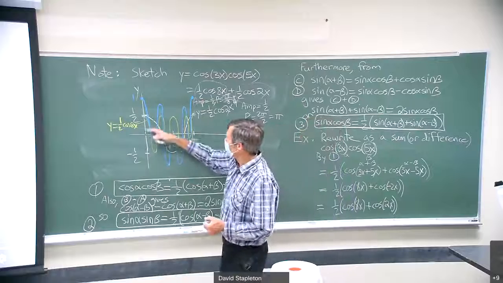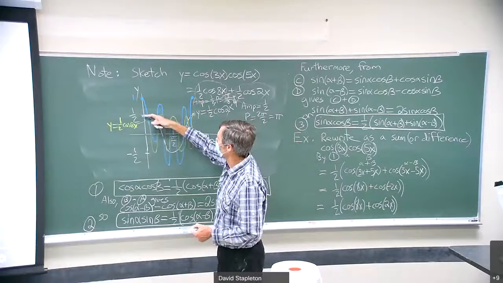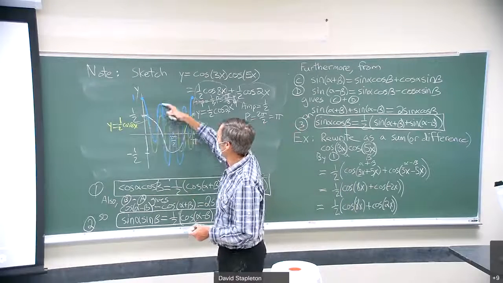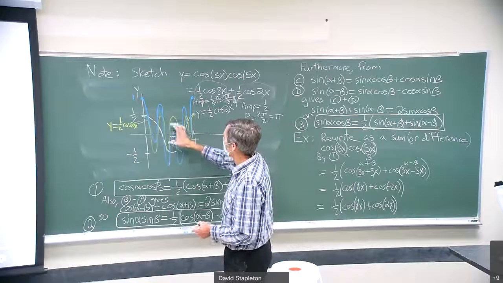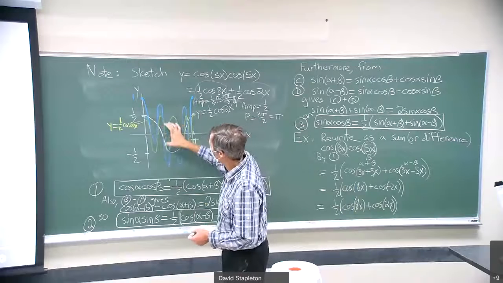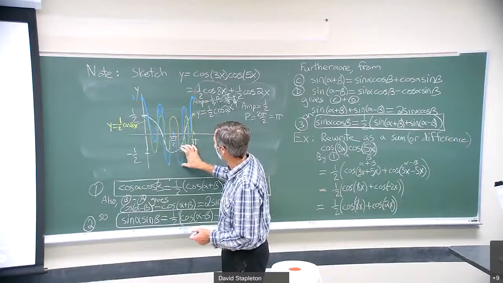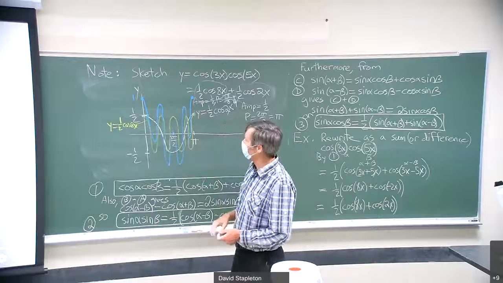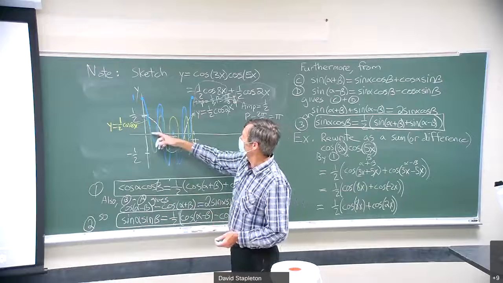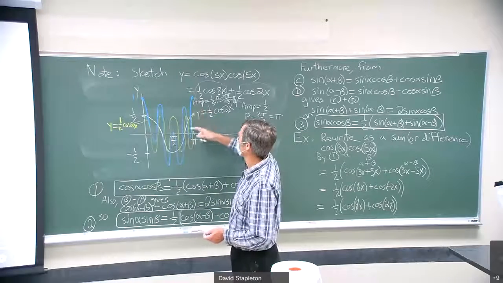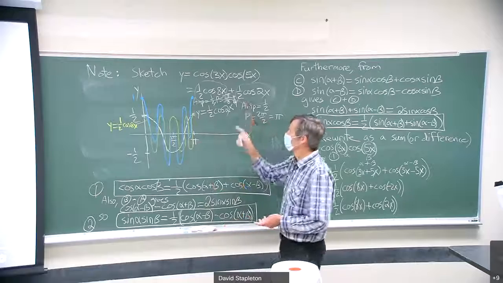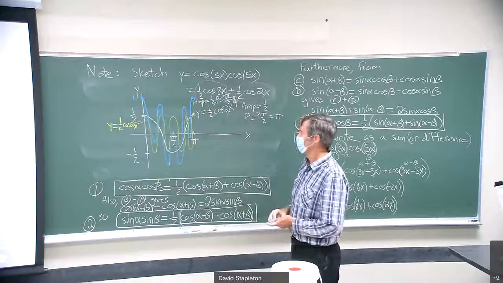What it does is this green one is added to the white one, and so you have a curve that wiggles back and forth over the white one, going up and down 1/2 a unit above and 1/2 a unit below the white one. And so you have a pretty good idea what it does, right? It does 4 periods wiggling up and down for every 1 period of the white one, and you can see that just by rewriting it as a sum instead of a product.